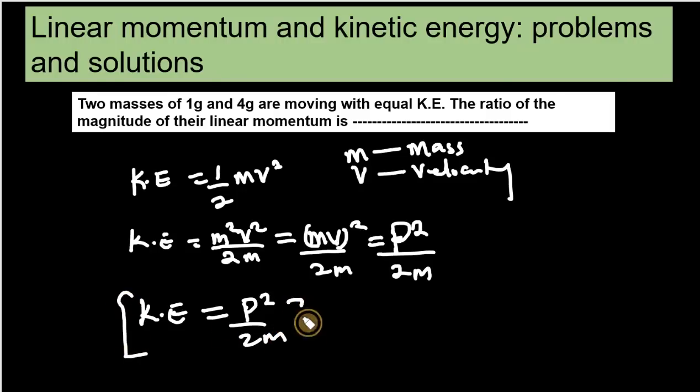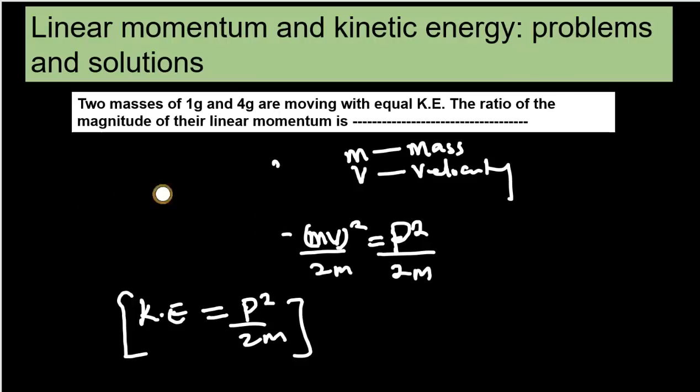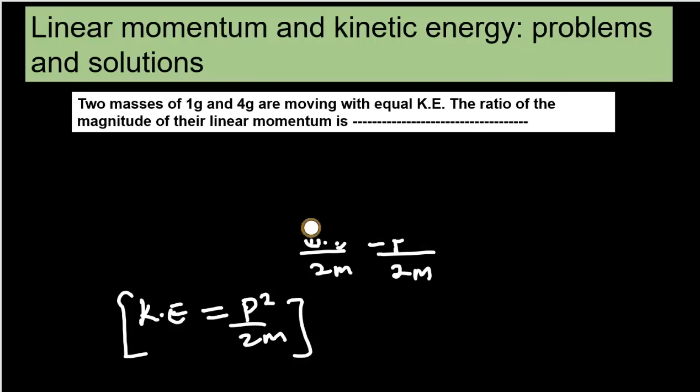It means that kinetic energy is proportional to the square of the momentum and inversely related to the mass. We shall be using these relationships to solve problems involving linear momentum and kinetic energy.